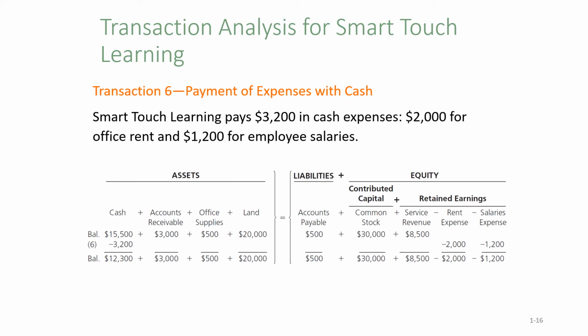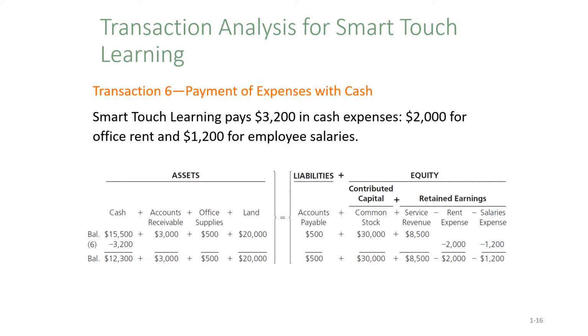Our sixth transaction relates to paying expenses with cash. You'll note we have two expenses that we're paying in cash: office rent and employee salaries. So our cash is going down by the total of the $3,200. But you'll note in terms of our category of rent expense and our category of salary expense is being affected by the $2,000 and the $1,200.